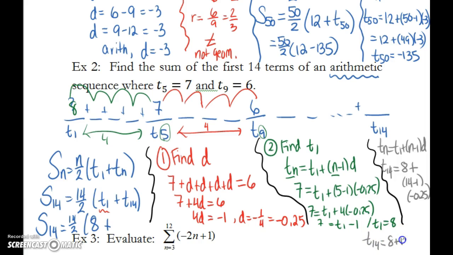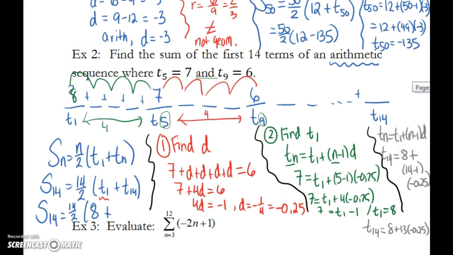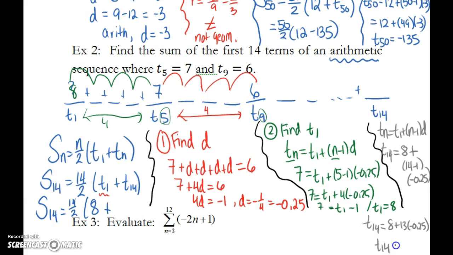So it's 8 plus 13 times -0.25, and we can work that out on our calculator. So 8 plus 13 times -0.25, and we get 4.75. So T14 is 4.75.